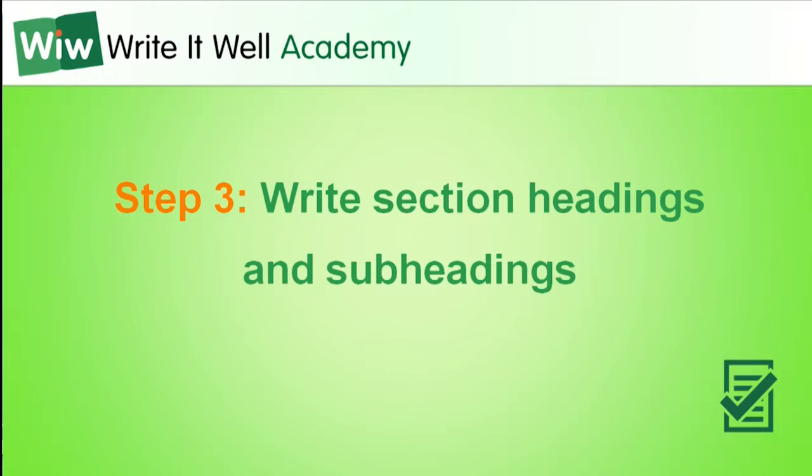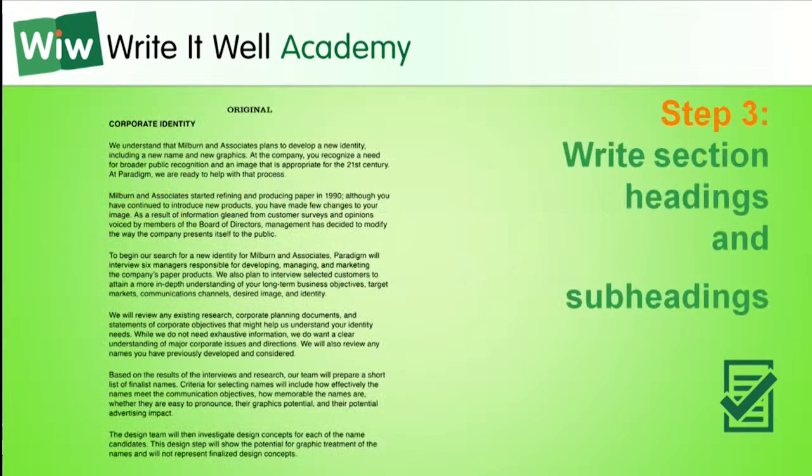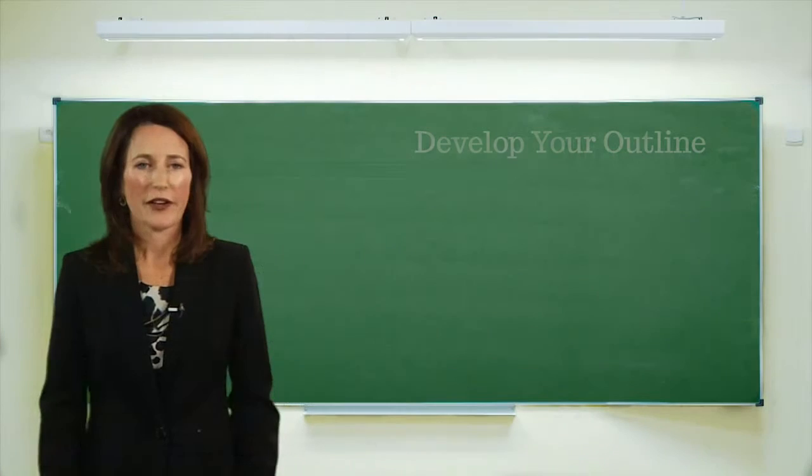Step 3 is to write section headings and subheadings. I showed you a few examples already of section headings, but this is an example without any subheadings. And in today's busy business environment, your reader will likely think of this as a long, dense document and have trouble engaging with it.